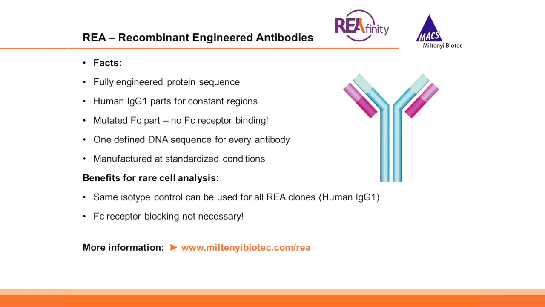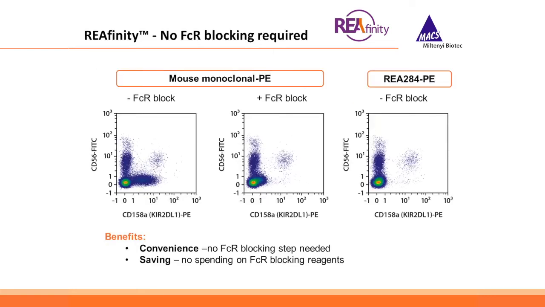And the Fc receptor blocking is not necessary anymore, which I will show you in a minute in a slide. So you don't need to buy these reagents. If you want to know more benefits and facts about these antibodies, go to our website, miltenyibiotech.com/RIA, and there you will get more interesting information.